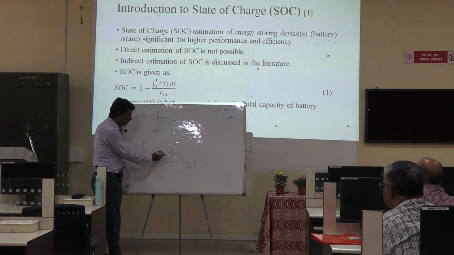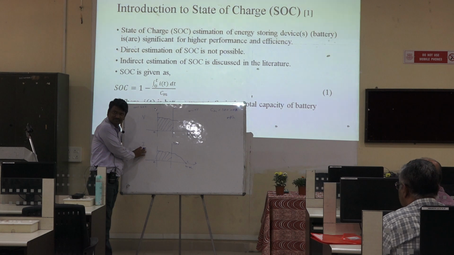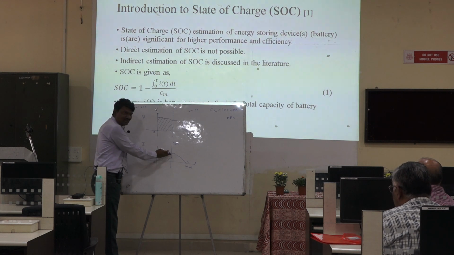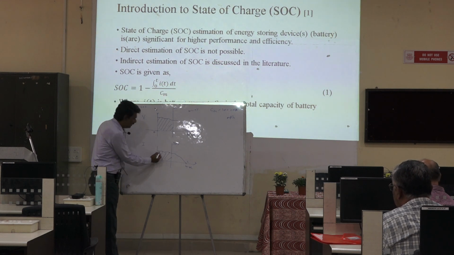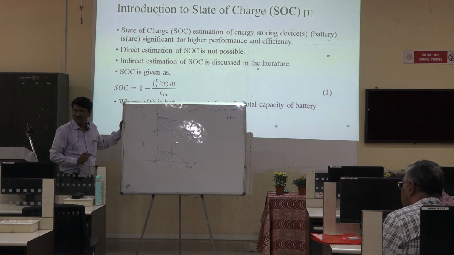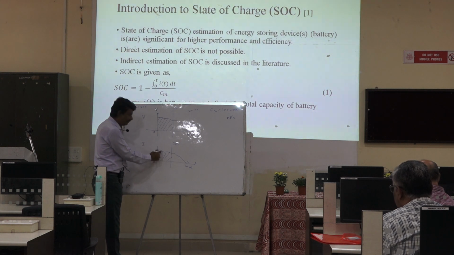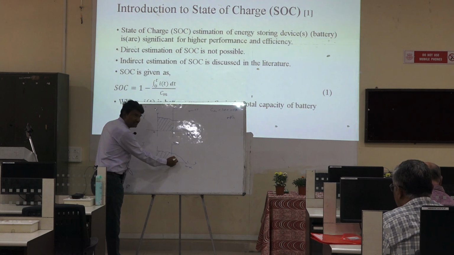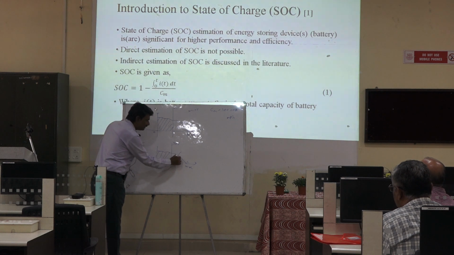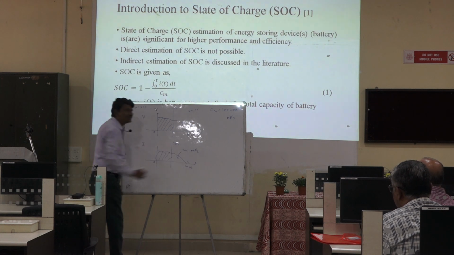We are going to measure the current, and we can easily calculate the area under this curve using integration. So when 50% energy is utilized, we are here and this much energy is remaining, and this is indicated by our meter. That is called the SOC meter.